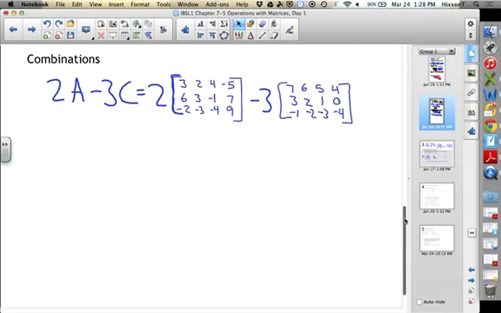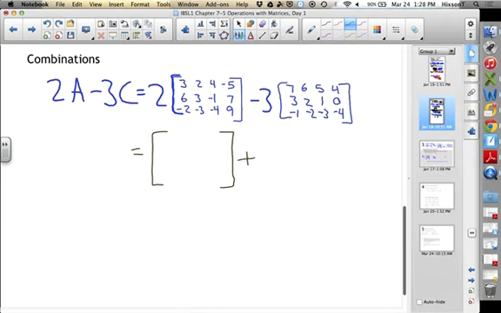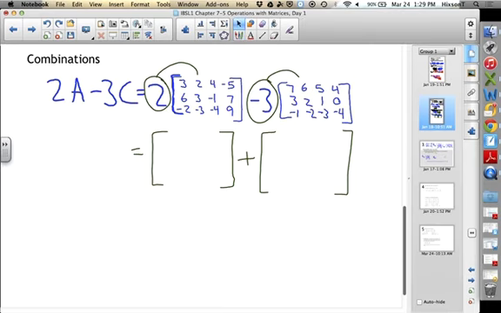Figure out what 2a is, and then we're going to add that to a negative 3 times c. I'd recommend distributing the whole negative 3 in. You can do it just distributing 3 and then you subtract the corresponding elements, but it's really just preference. I would recommend doing it this way.